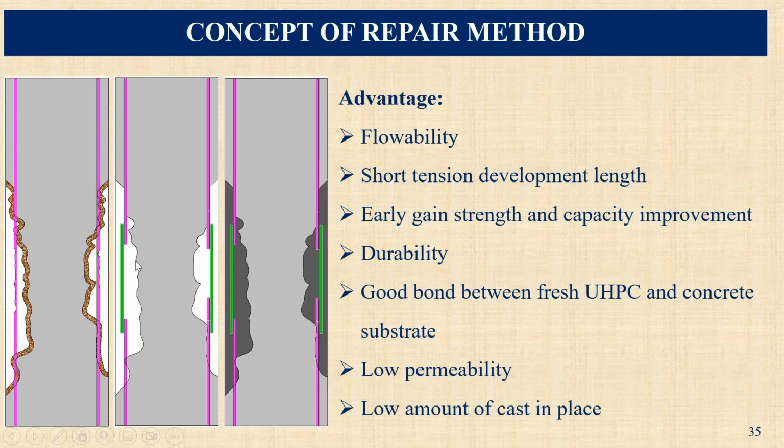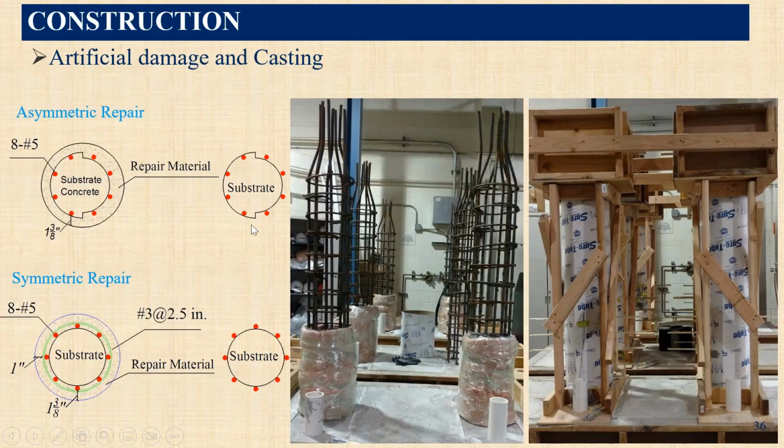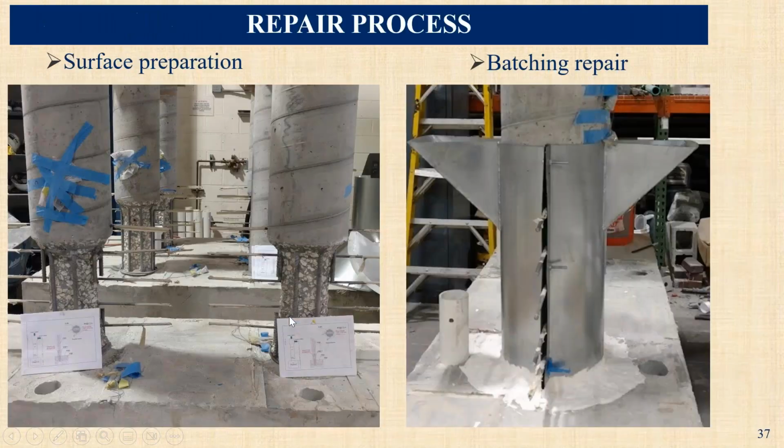And the other thing, based on discussions that I have had with our European friends, is that you really don't need to remove all the contaminated concrete. As long as you go 1 inch beyond the reinforcement, that UHPC is going to protect the reinforcement from both sides. We've done lots of tests simulating damage, symmetrical and unsymmetrical.